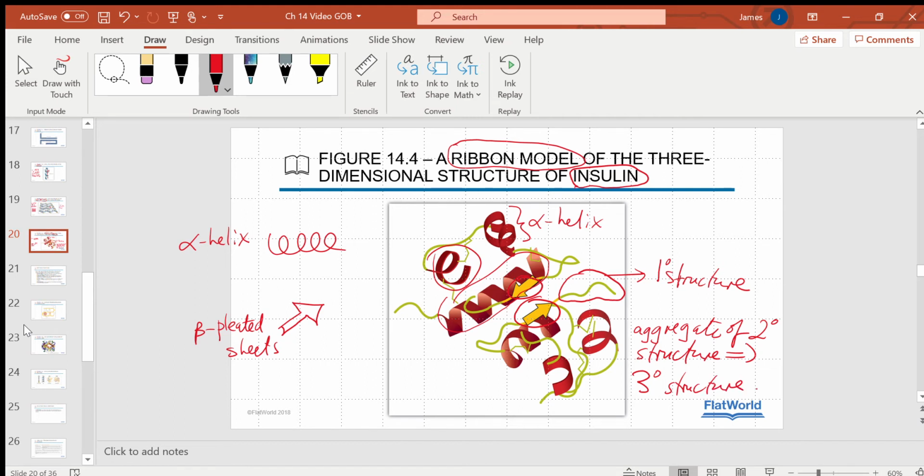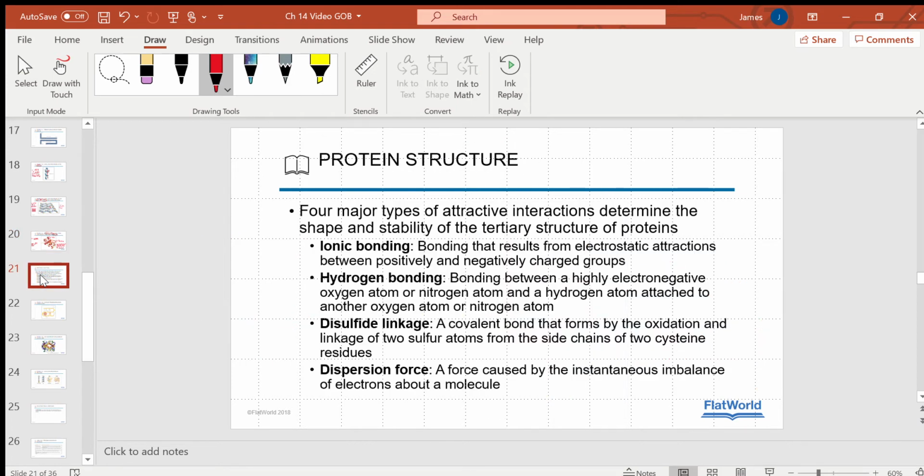So insulin exhibits tertiary structure as its highest level in the hierarchy. And a common question that I will certainly ask my students is, what's the highest level of structure in the hierarchy of this protein? Okay.